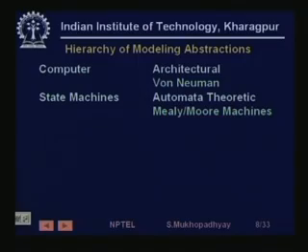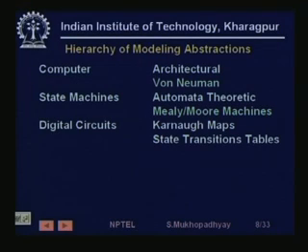Now, computers are typically very large digital circuits, I mean sequential digital circuits, which are sometimes thought of as state machines. So state machines, again, there are various kinds of state machines. When you are seeing the computer at the state machine level, then you are using models like Mealy machine, Moore machine, basically automata theoretic models.